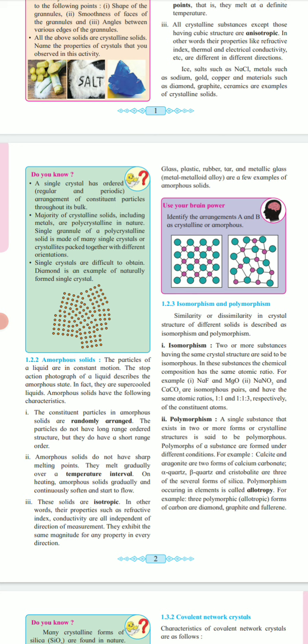They exhibit the same magnitude for any property in every direction. Glass, plastic, rubber, tar, and metallic glass, metalloid alloy are a few examples of amorphous solids.